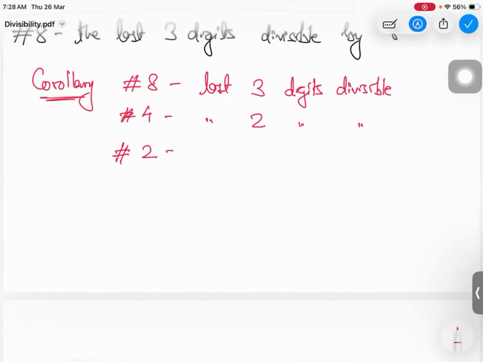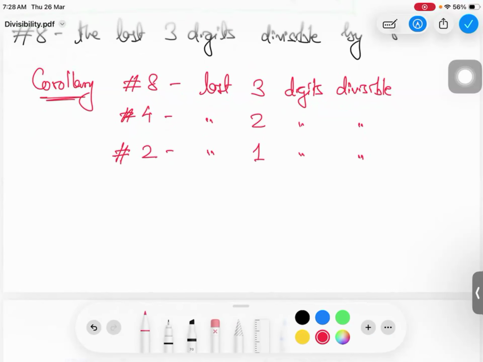If you can see here, last one digit divisible. So there is a pattern if you could have noticed: with number 2, last digit divisible; with number 4, last two digits divisible; with number 8, last three digits divisible.